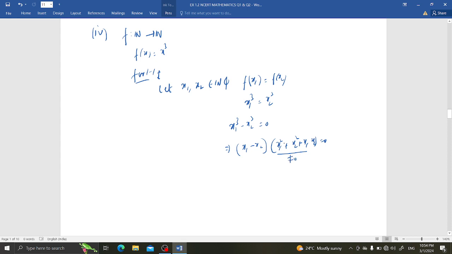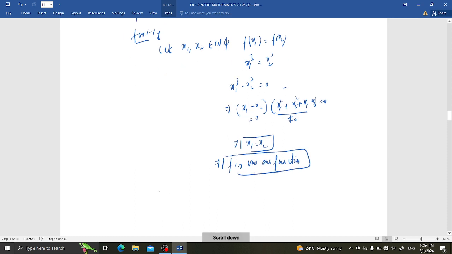Why so? Because x1 and x2 are both natural numbers, so x1 square is positive, x2 square is positive, x1 times x2 is also positive. So this complete quantity is a positive quantity, which is not equal to 0. This first factor has to be equal to 0, and if this is 0, then x1 equal to x2. Implies that f is a 1-1 function.